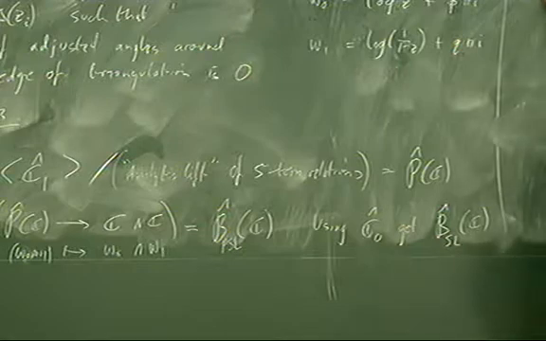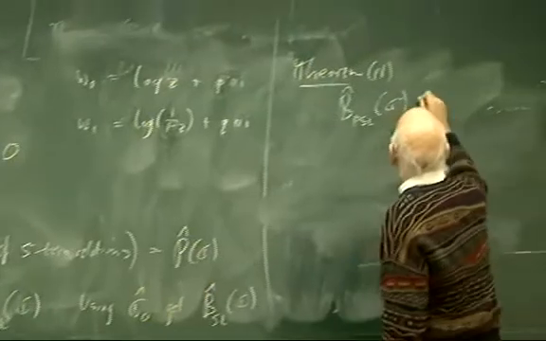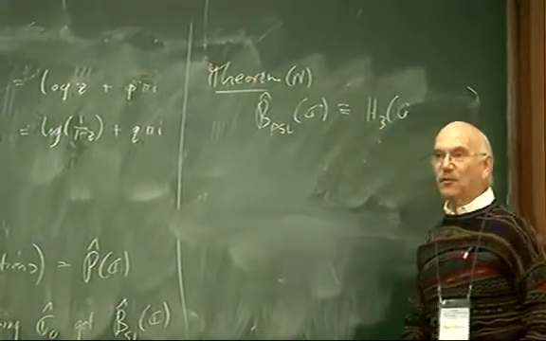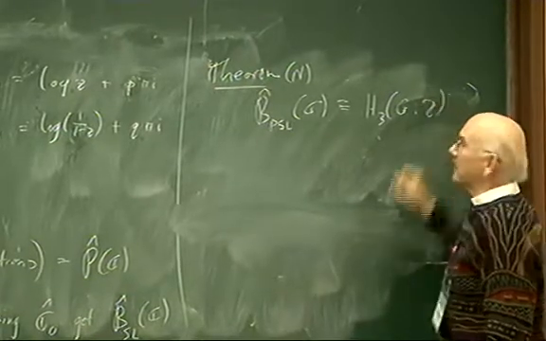So I originally proved, this is a theorem of mine, that beta hat PSL of C is exactly the same thing as this H3 of PSL2C made discrete with Z coefficients.